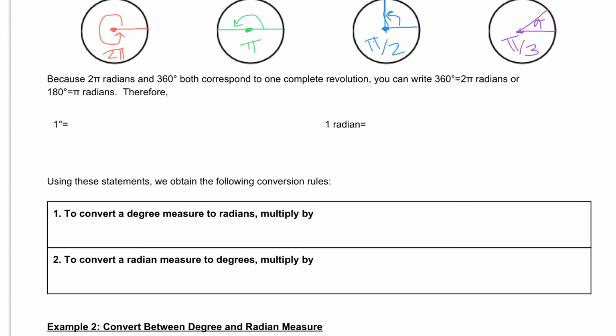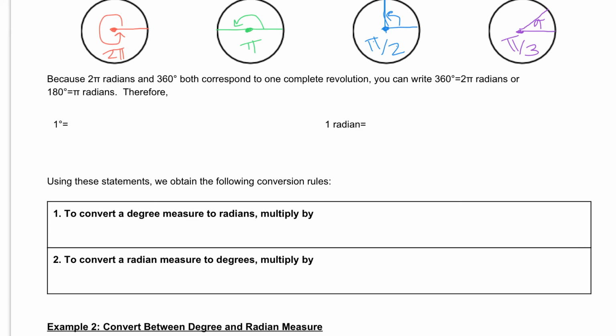Underneath that it says, because 2 pi radians and 360 degrees both correspond to 1 complete revolution, you can write 360 degrees is equal to 2 pi radians, or 180 degrees is equal to pi radians. So again, we've got 2 pi and 360 degrees is the same all the way around. Halfway around is 180 degrees or pi, and we talked about these as well.